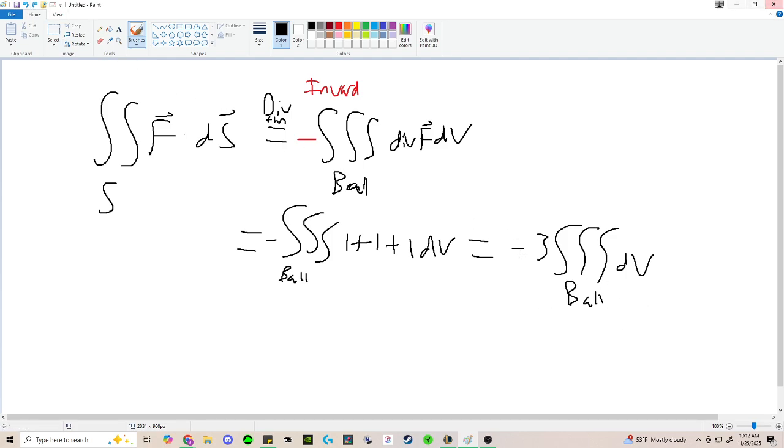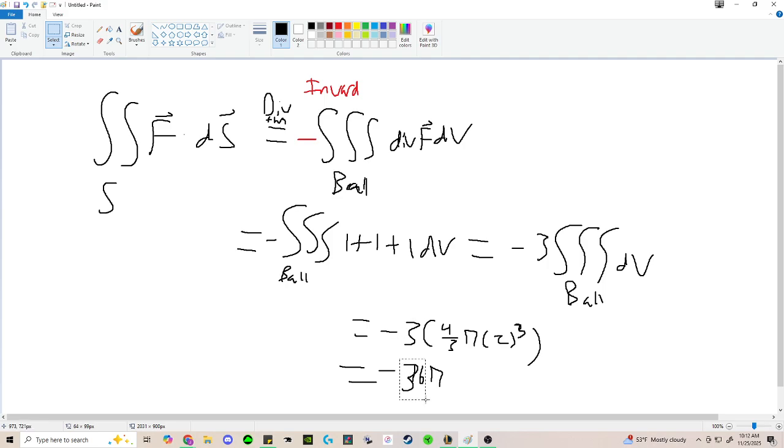Well, this integral here is just negative 3, and then we've got 4/3 pi r squared. Our radius here is 2. And so this is going to be negative 16 pi. Right? Oh, cubed. Sorry, wait, I'm tripping. This is cubed. This should be negative 32.